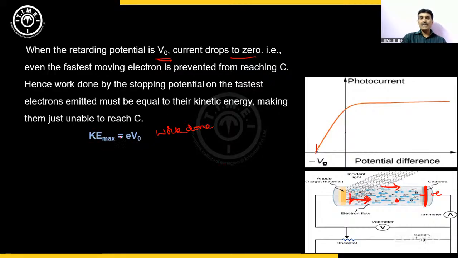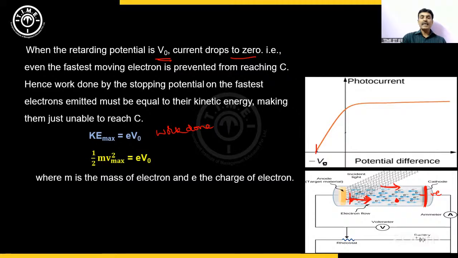What is kinetic energy? It's half m v square. Ke max means half m v max square. That becomes equal to eV0. So from this, you can take the maximum velocity v max as root of 2 e V0 by m.